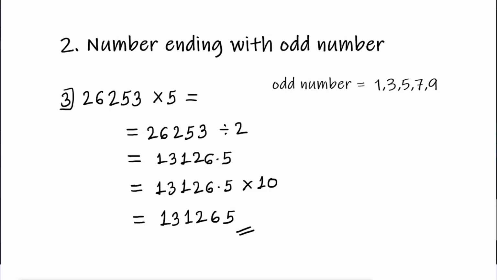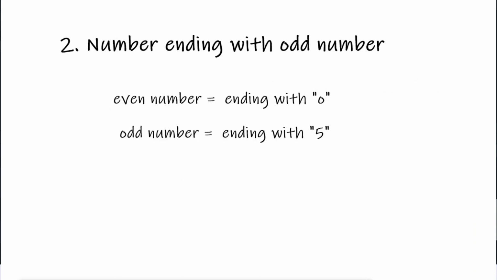Remember one thing: both techniques are the same, but there is one main difference. If the number is even, the answer will end with 0. And if the number is odd, the answer will end with 5 only.